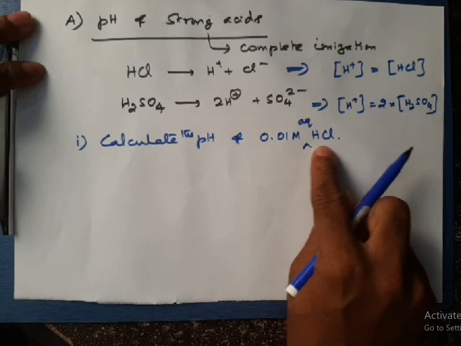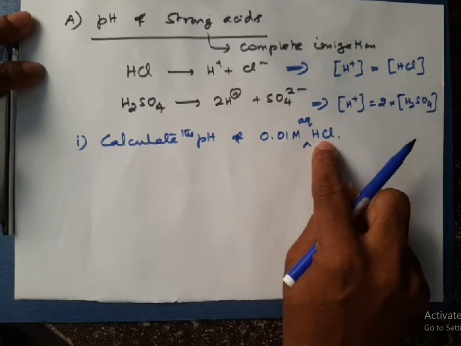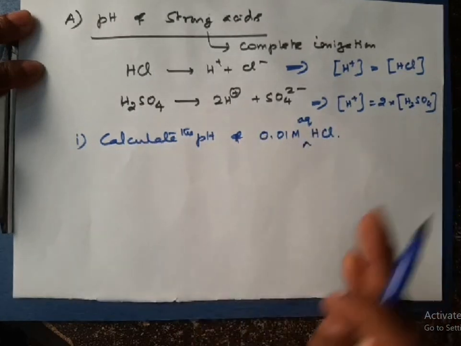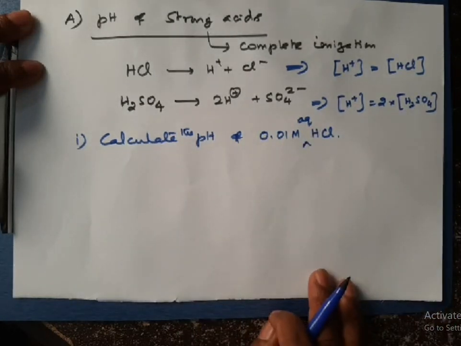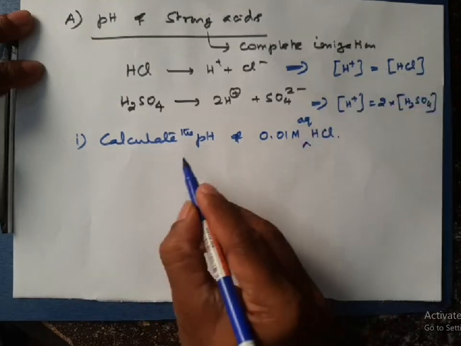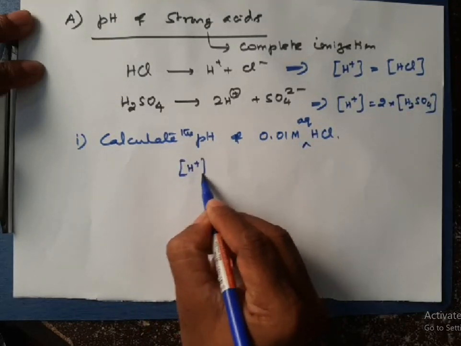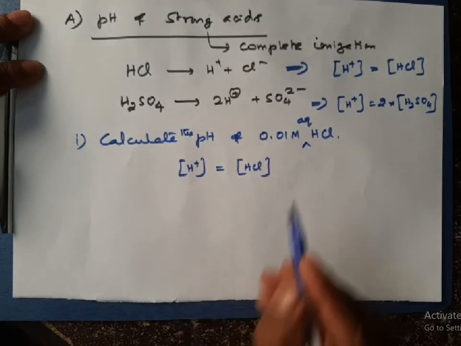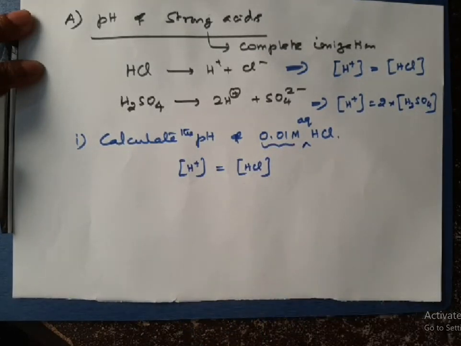Since HCl is a strong acid, see the compound first. HCl is a strong acid, so it will undergo complete ionization. So for HCl, as I told you before, H plus ion concentration is equal to the acid concentration. Acid concentration is given here, 0.01 molarity.